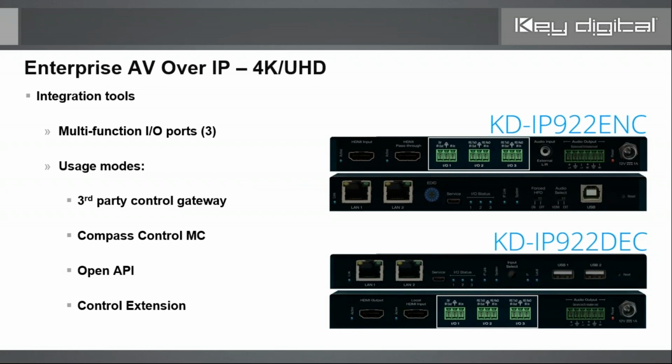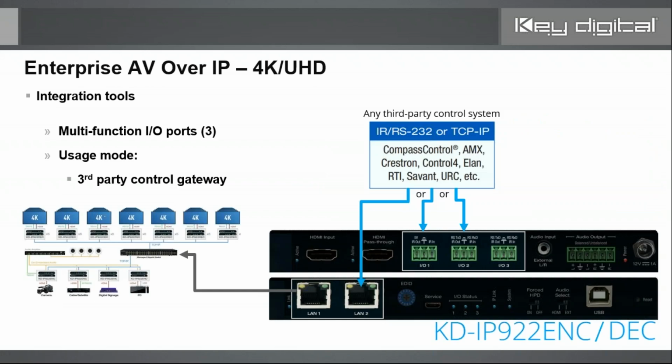And then we get to the culmination of the hardware and the software at KeyDigital, where we have 3 control ports, and those control ports can act as an interface from any third-party control system, either controlling us via TCP/IP, IR, or RS-232.